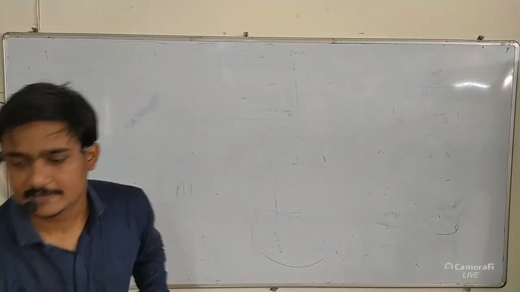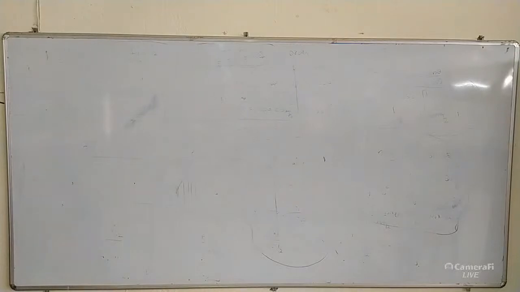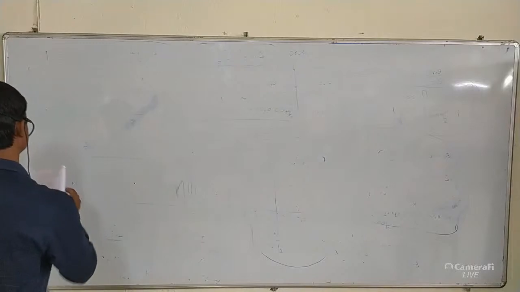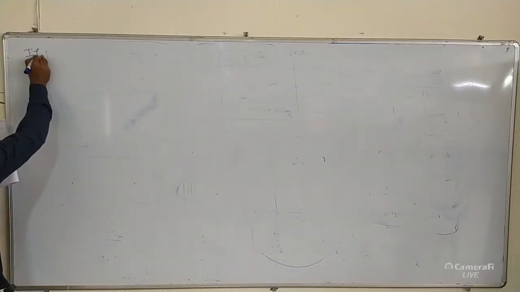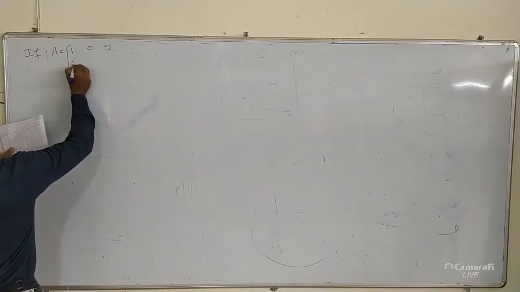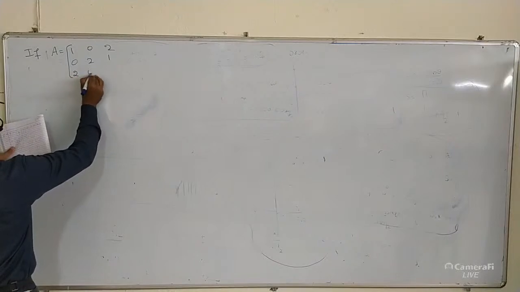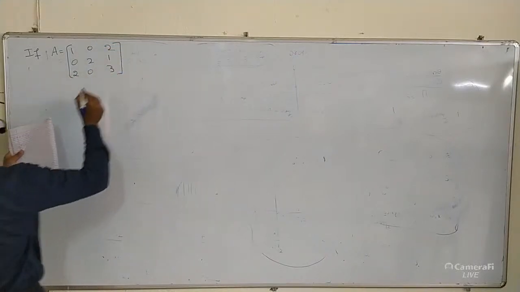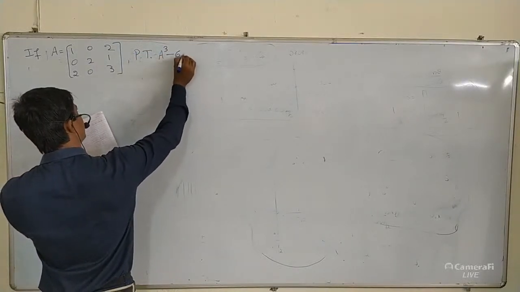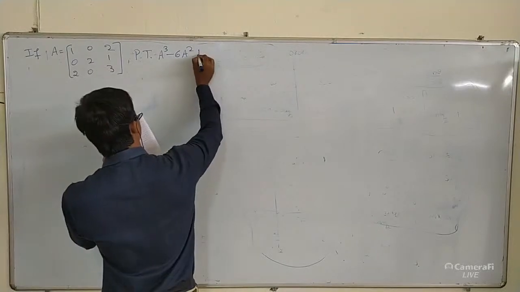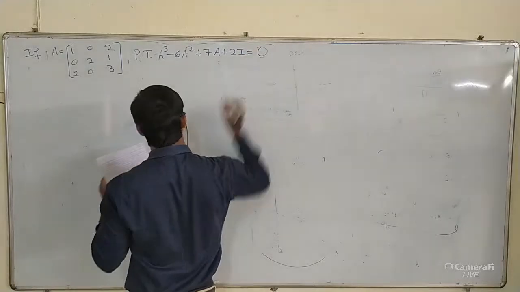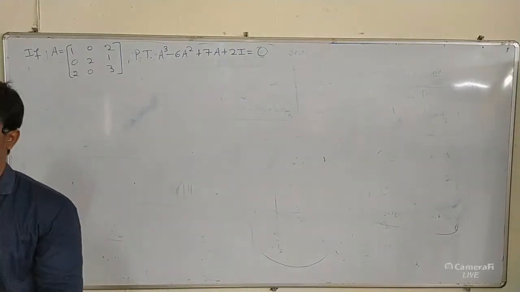So we'll consider the next problem. If A equals, we are given a matrix, prove that A cube minus 6A square plus 7A plus 2I equals the 0 matrix.